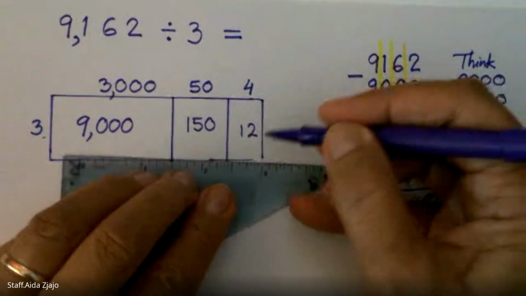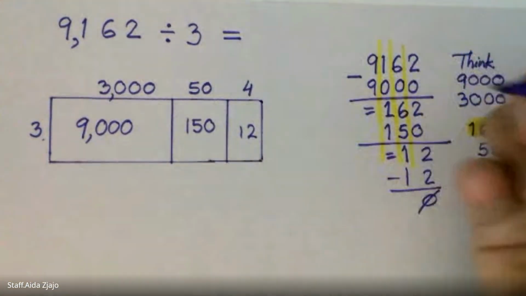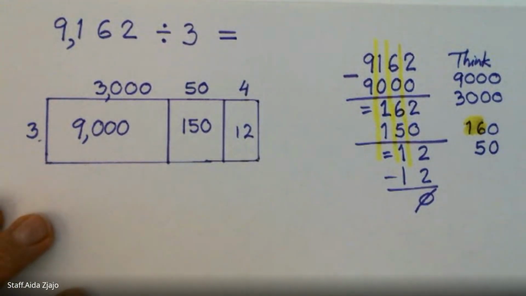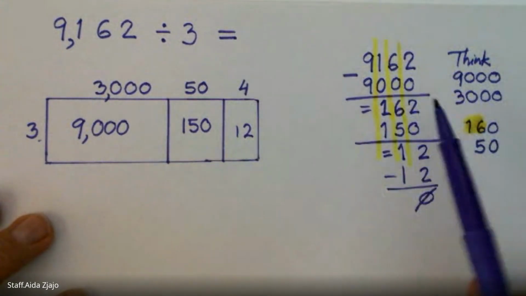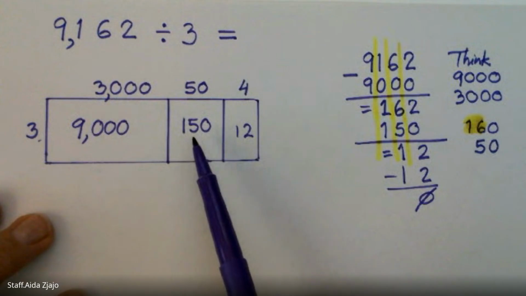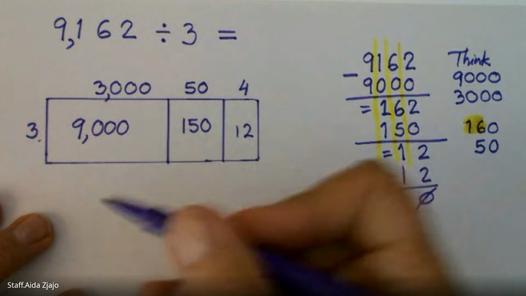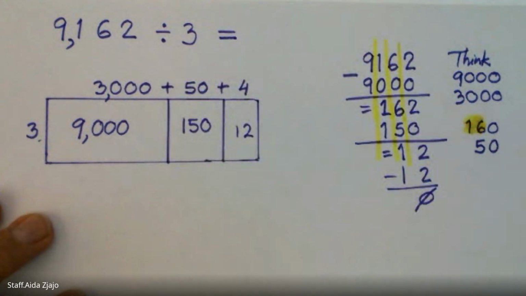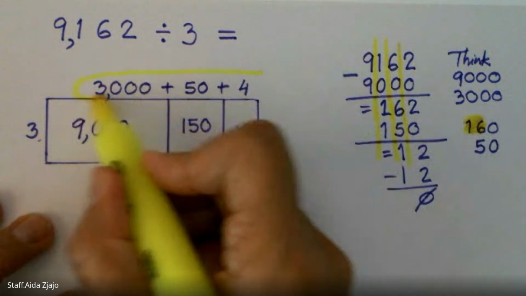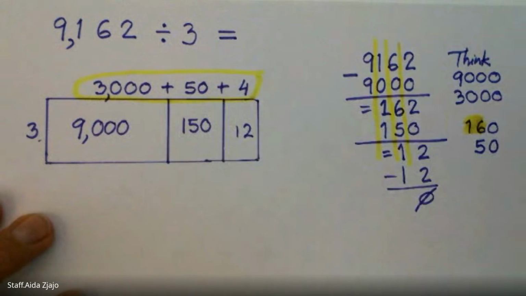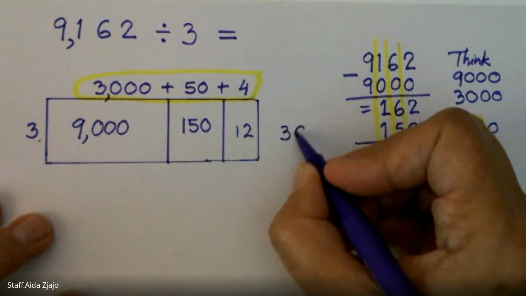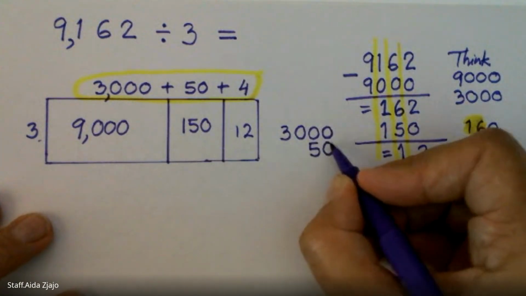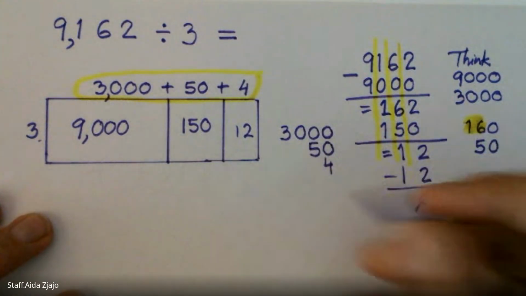And then I can find what my answer is. So I divide 9,162 into the pot, and my answer is 3,054. I really like when students are doing addition so they don't make mistakes. So there are no hundreds.